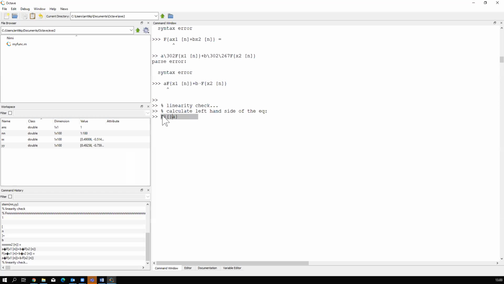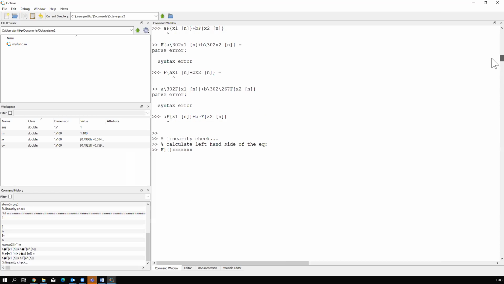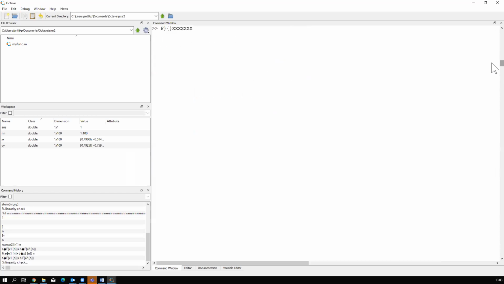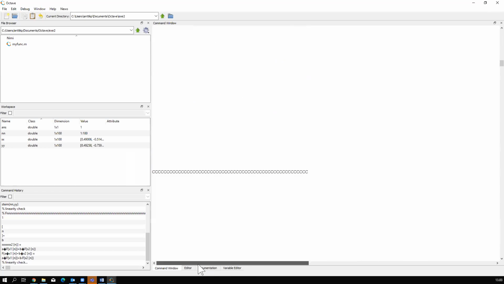It doesn't really copy paste. Great, I did it again, and now I broke the octave. Did I? No. Left-hand side. Okay.